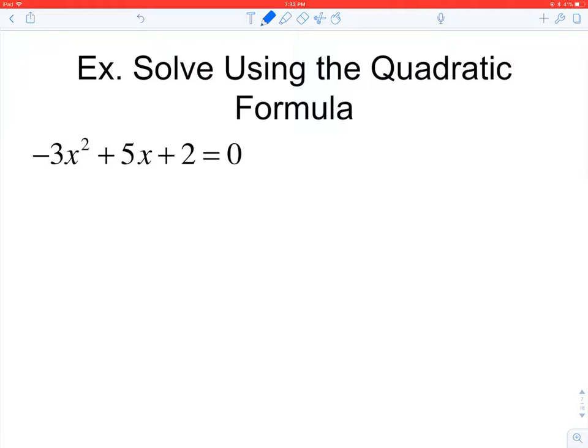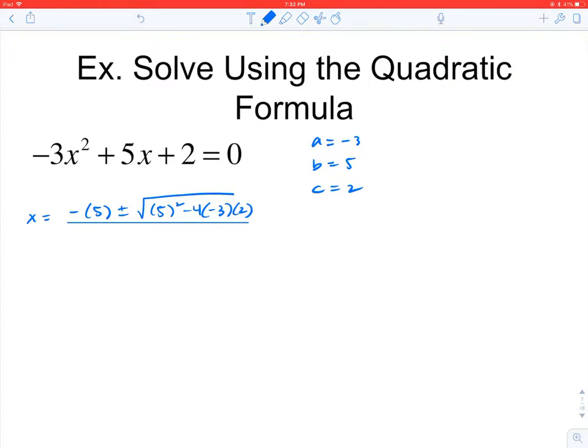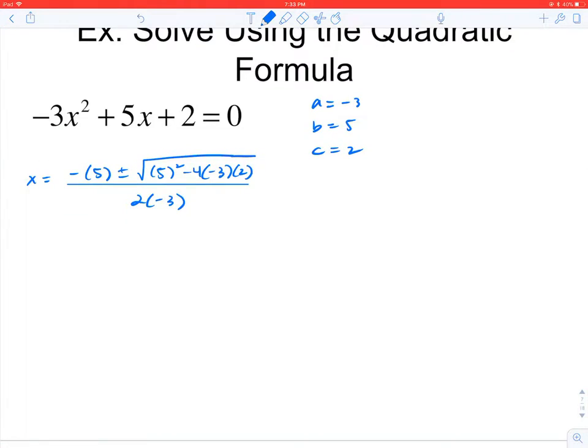Okay, so again, using the quadratic formula, I think it's helpful when you're first starting to state what a, b, and c are. So a would be -3, b is +5, and c is +2. So in my numerator, I'll have -5 plus or minus the square root of 5 squared minus 4 times -3 times 2 over 2 times -3.